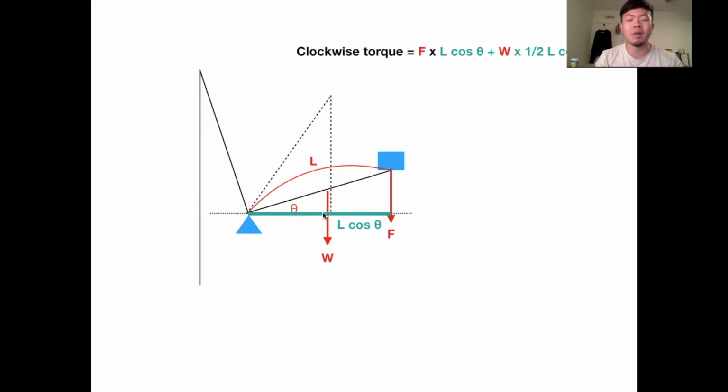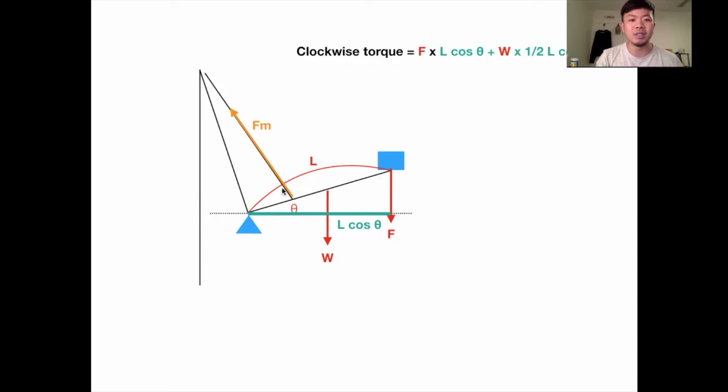But how about the counterclockwise torque? We all know that it's generated by your bicep muscle, by your elbow flexor muscle, right? Okay, so how do we find a force? Easy. But how do we find a moment arm? In this case, it's a bit harder. It should cross the axis of rotation and also be perpendicular to your force, right?